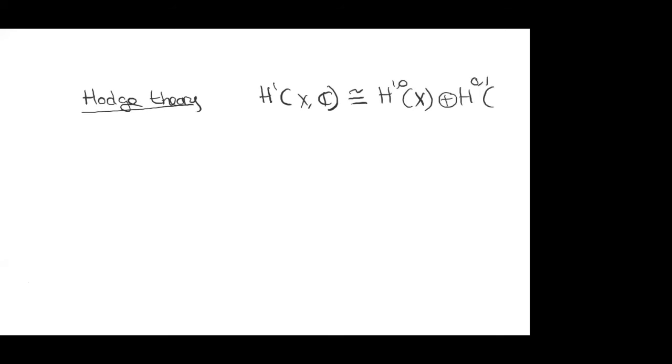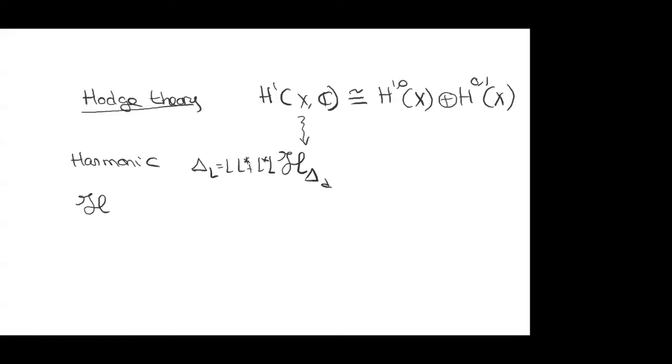So how does one see that? Well, we have Hodge theory that tells us that there is an isomorphism between the first cohomology with complex coefficients and the direct sum of 1-0 and 0-1 forms. And moreover, one can always find a harmonic representative, where the Laplacian for an operator L is L adjoint L plus L L adjoint.